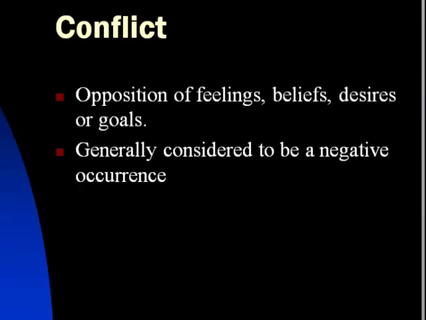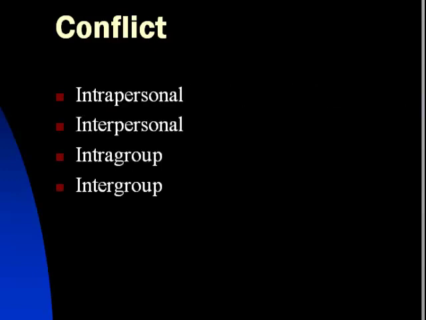So as we look at our next slide, conflict is just an opposition of feelings, desires, or goals. Generally, it's considered to be a negative occurrence, like I had mentioned, but not necessarily if we look at the positive side of this. Conflict can be intrapersonal, interpersonal, intragroup, and intergroup.